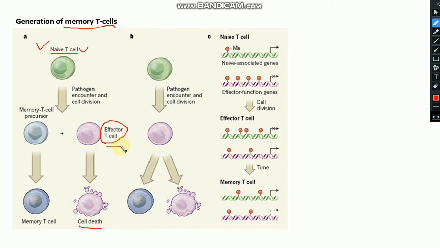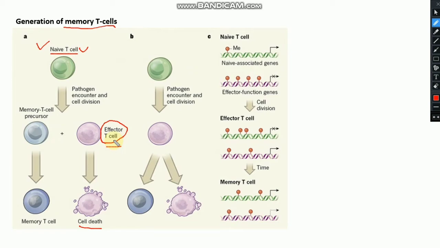However, there is another important point I would like to mention here. Over time, when the virus or pathogens are cleared from the human body, these effector T cells also decline, and the number of effector T cells is reduced over time.